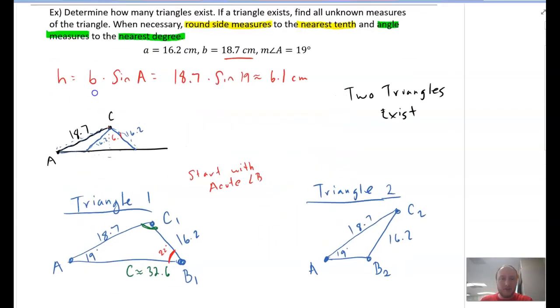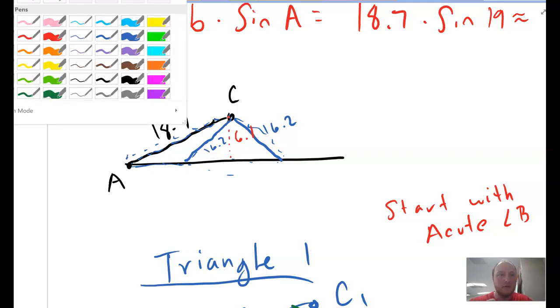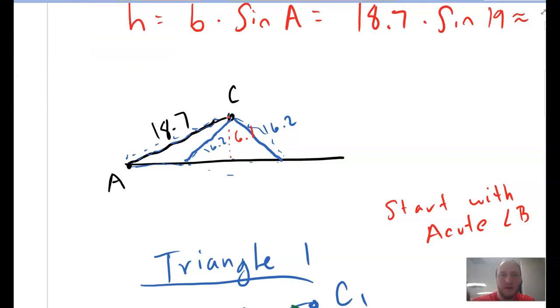Well, it all goes back to our knowledge of this triangle right here. Now, I want you to envision, with triangle 1, what we did was we calculated this angle right here, which was 22 degrees. Okay, so if this side in blue, 16.2, is the same as this one, then aren't these the same?